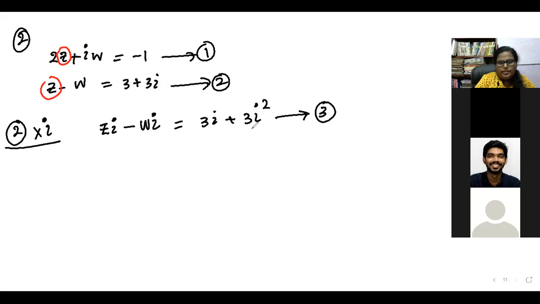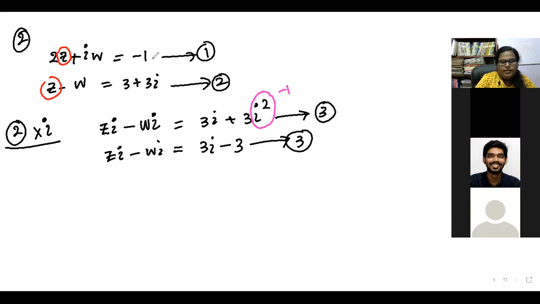Since this is 3i square, we can simplify it further, right? i square is equal to minus 1, so we can rewrite this as zi minus wi equals 3i minus 3. So actually this is our third equation.